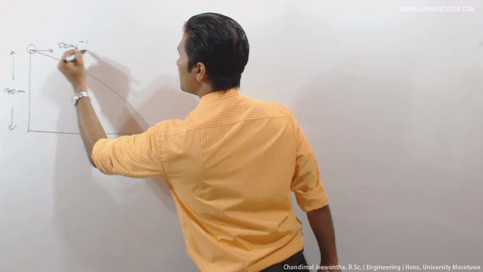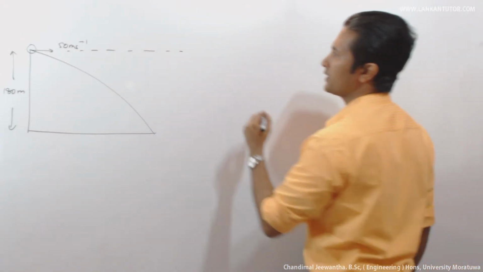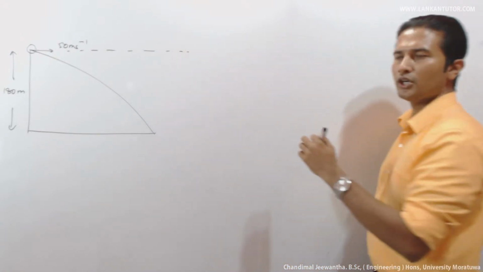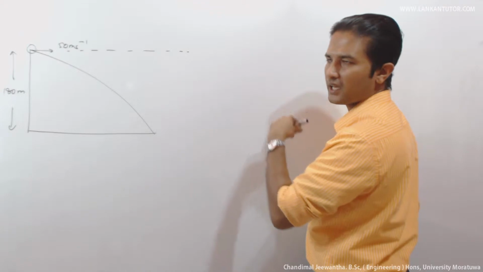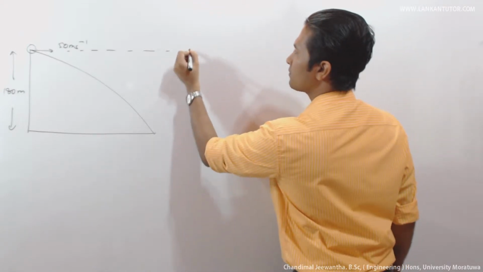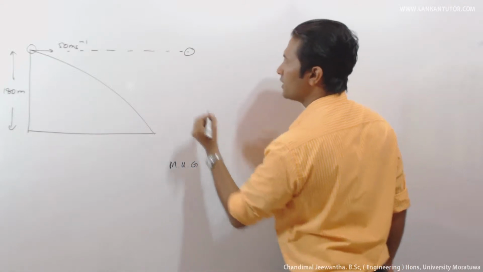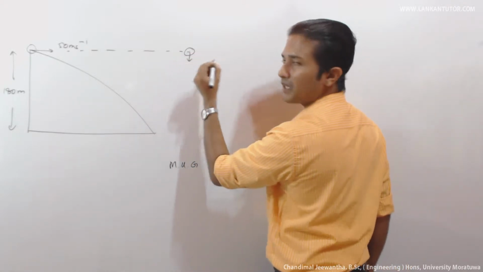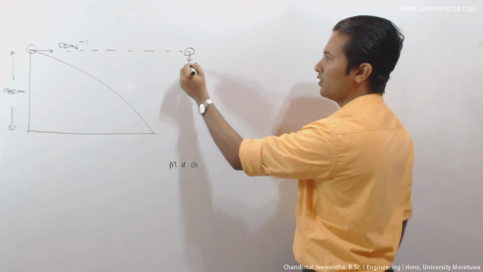Again, we have to consider that summary. You have to consider two motions. One is motion under gravity, the other one is the straight line motion. When considering motion under gravity, the main important thing is the initial velocity of that object should be taken as 0.